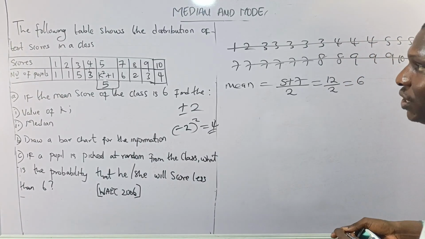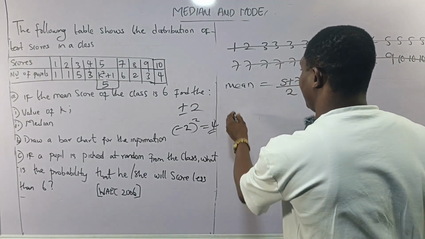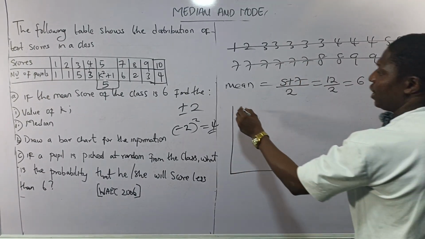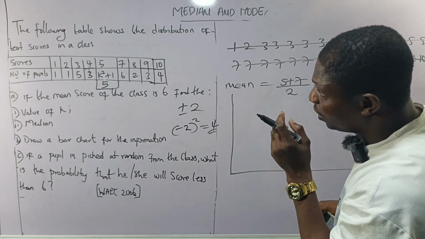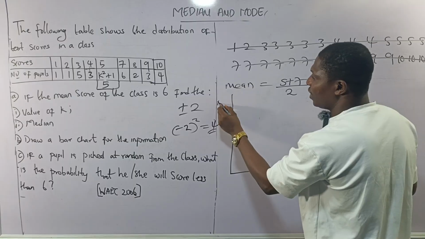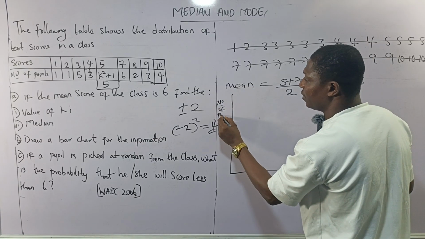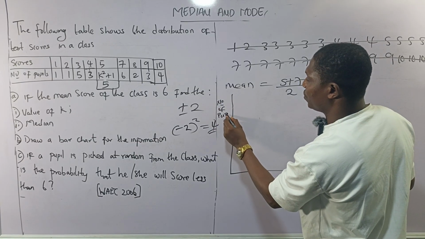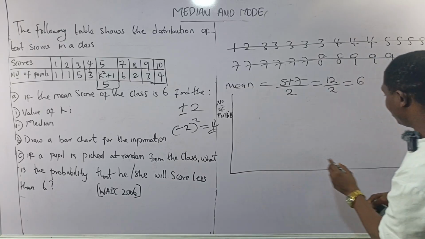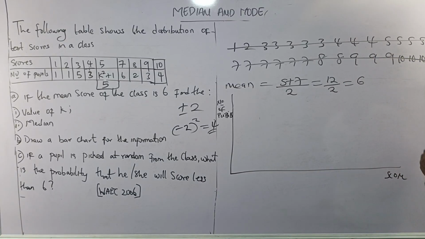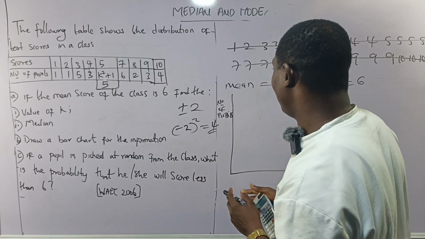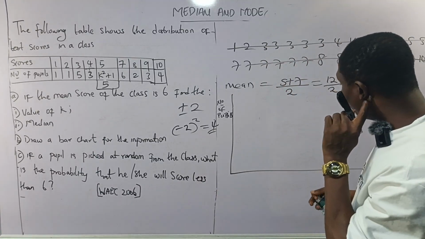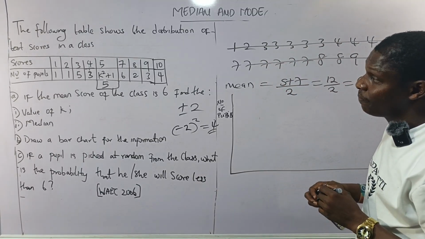If we are to draw a bar chart, then we have our vertical line corresponding to our number of pupils, and the horizontal line has to do with scores. A bar chart is made up of bars which are spaced.